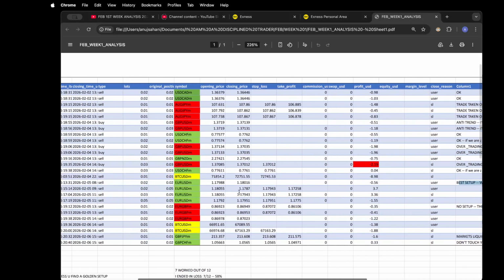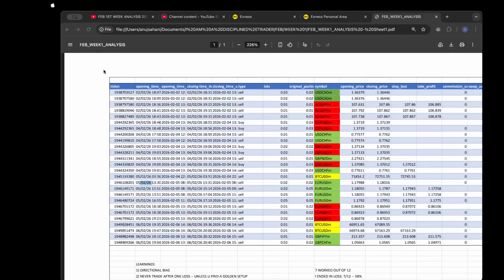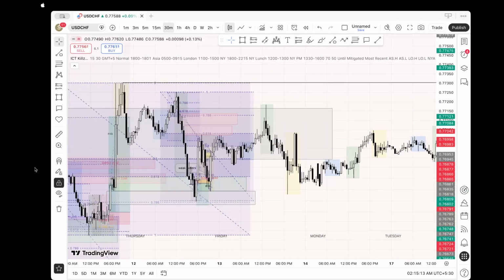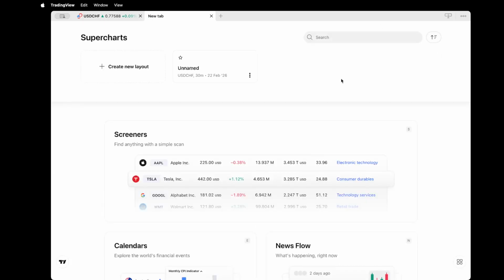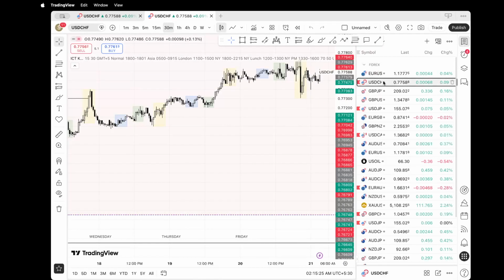So this was EURUSD on 5th of February. Let's open it quickly. EURUSD, 5th of Feb. It's loading.